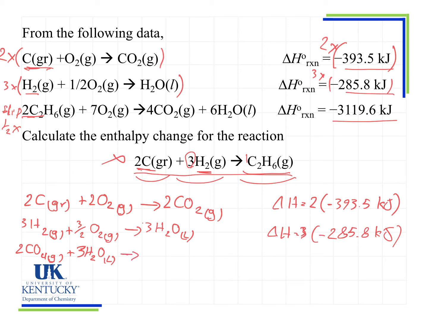And we flipped it, so that was the reactant, now we go to the product, C2H6 plus 7/2 O2 in gas phase. Okay, and what happens to the delta H? Again, divided by 2 and change the sign. So it was a negative, now it's positive.